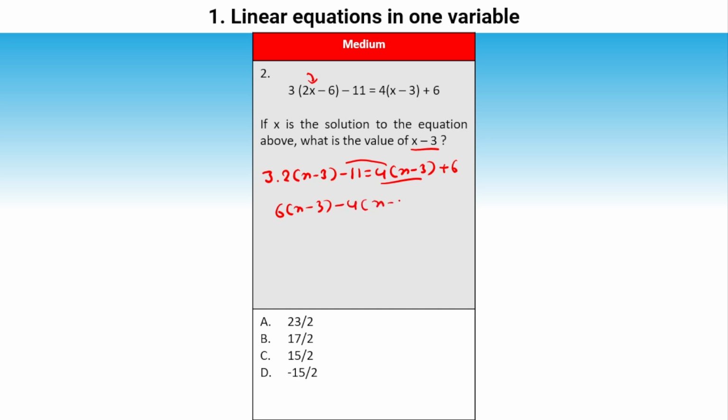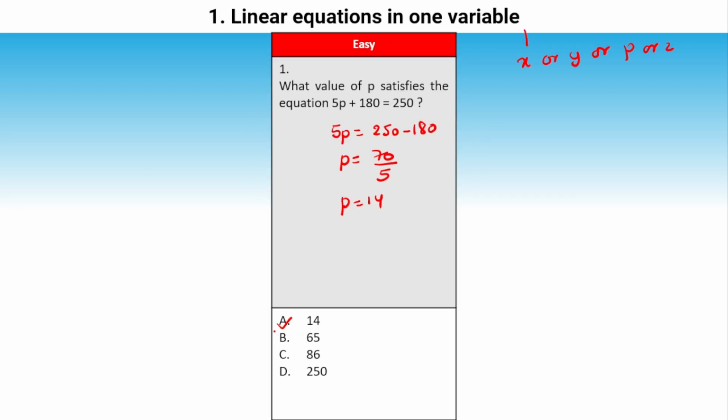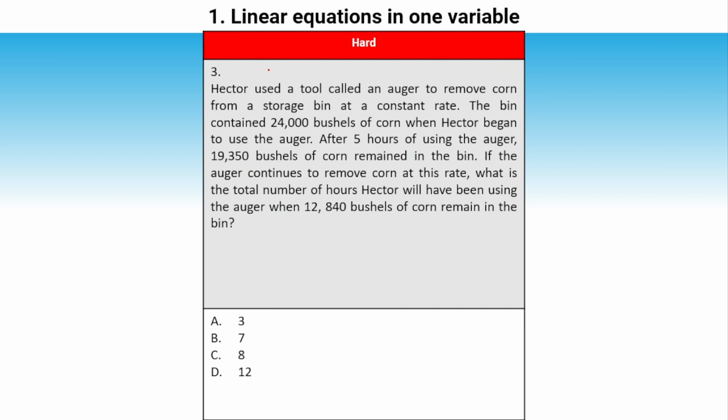So 4, x minus 3, okay, equals 6. If minus 11 goes to that side, that becomes plus 11. So that is 2, x minus 3, equals 17, and the answer is x minus 3 equals 17 over 2. So the value of x minus 3 is 17 over 2. The answer is B.